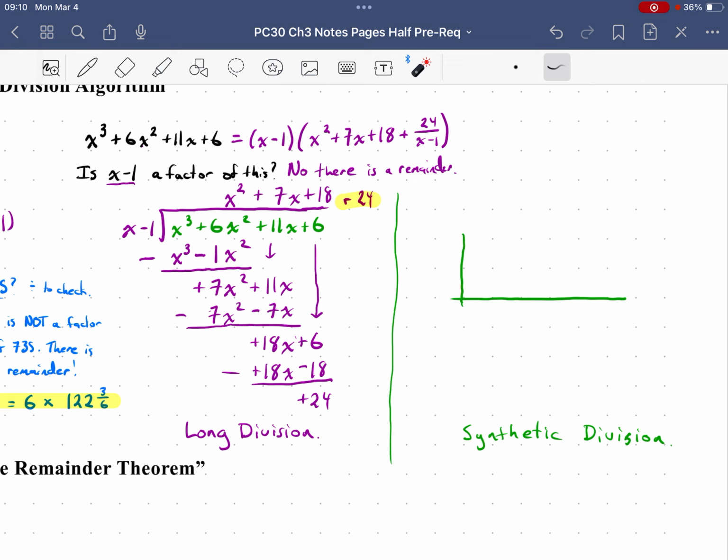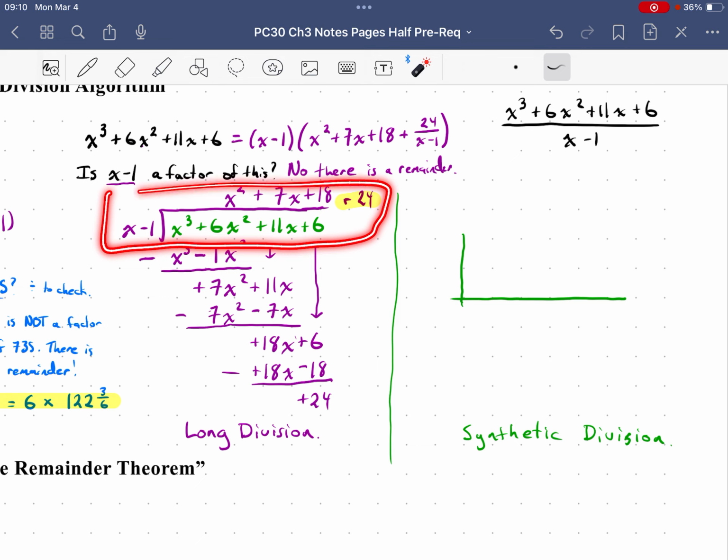We are going to do the exact same question, x cubed plus 6x squared plus 11x plus 6 divided by x minus 1. This is the question that we did right here. We saw that we got a remainder of 24, so in this system we should get a remainder of 24.